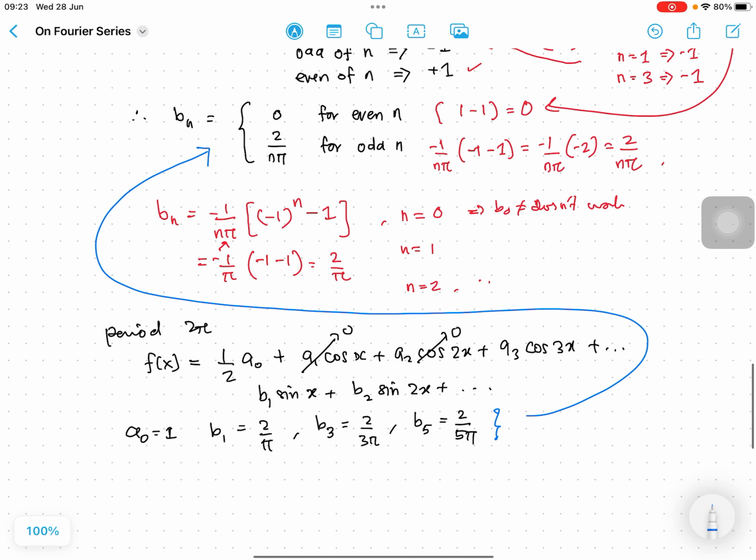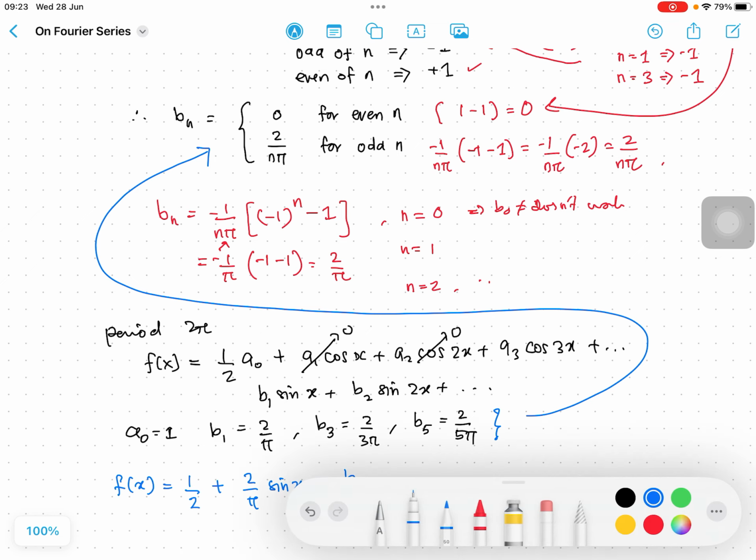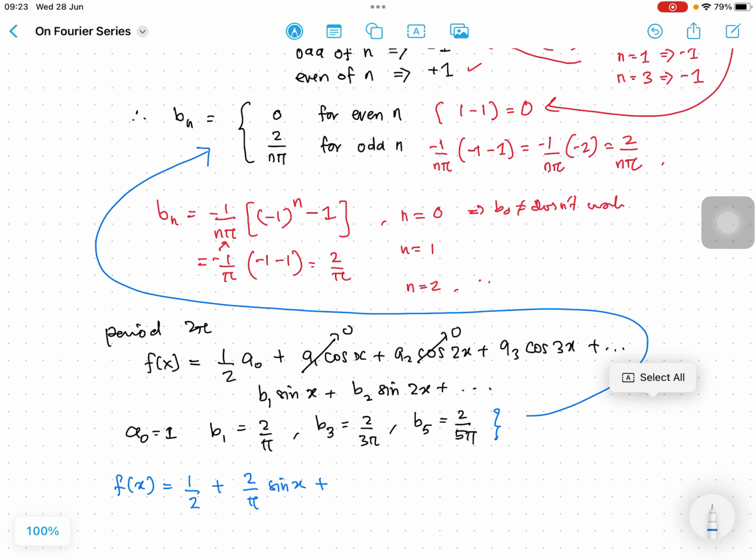Then you can expand. So 1 over 2, you don't have anything for an, but you have 2 over pi sine x plus 2 over 3 pi sine 3x plus 2 over 5 pi sine 5x and so on, only odd survive.